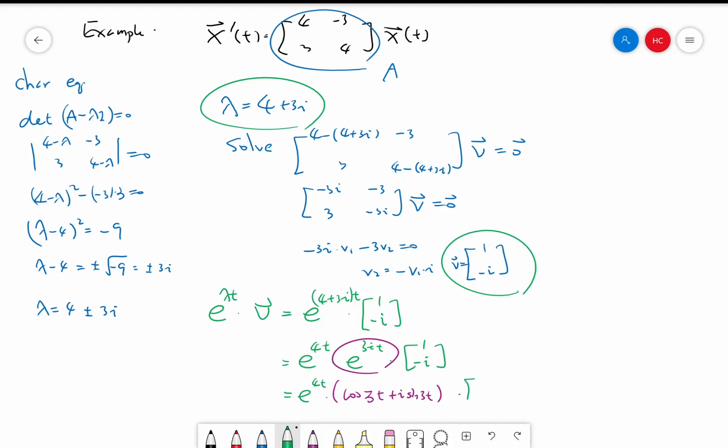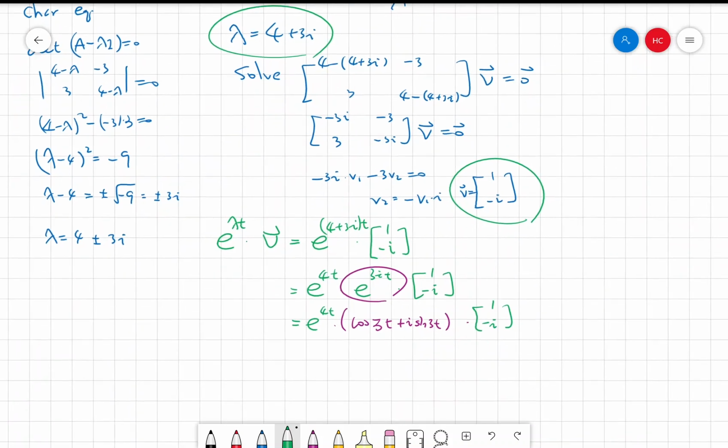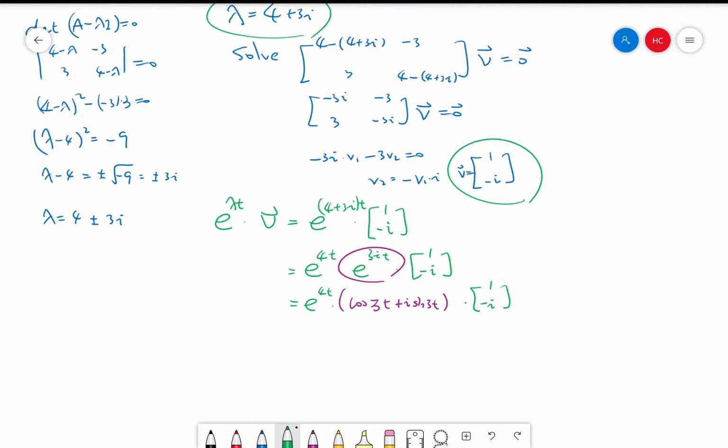And multiply this by 1, negative i. So this is e to the 4t. This is a constant, so I multiply it into each component. The first component is 1, so just cosine 3t plus i sine 3t. The second component is negative i, so we get negative i cosine 3t minus i squared, that means plus 1, times sine 3t.